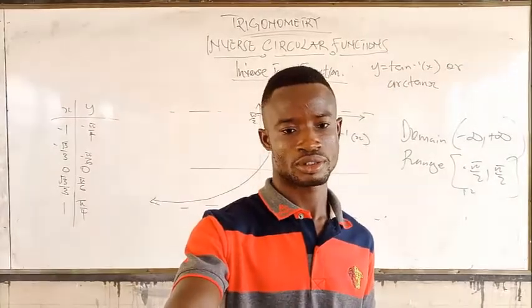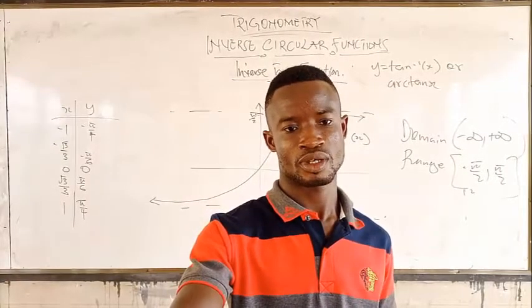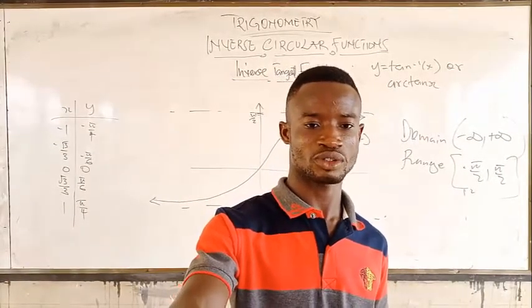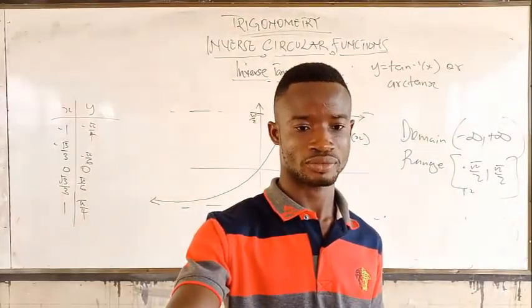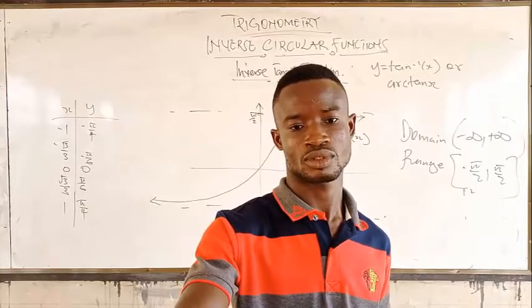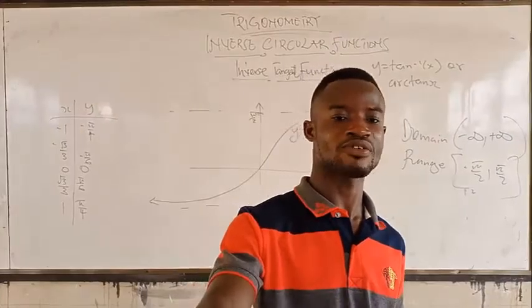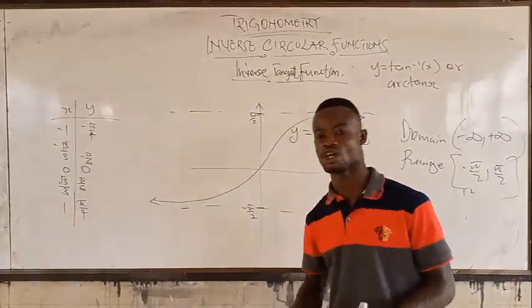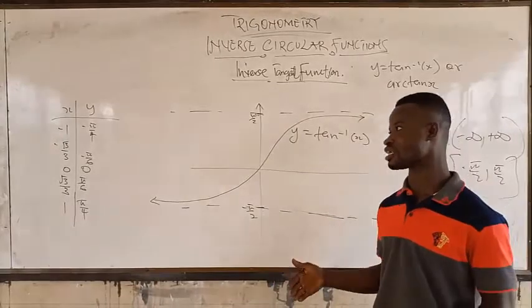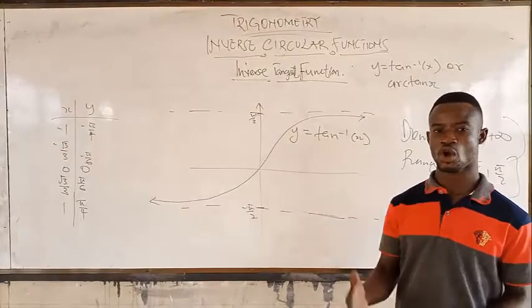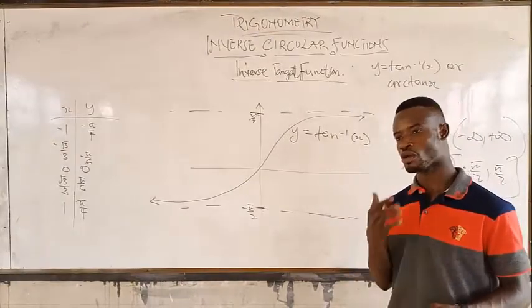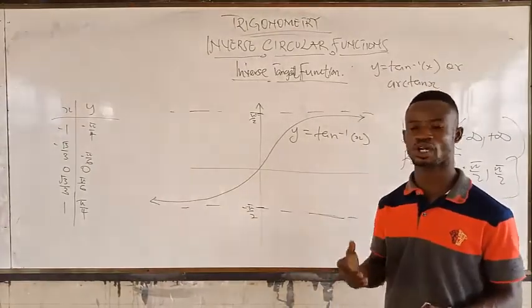Now, before we go to the values, let's take that to the values. Let's look at the remaining inverse circular functions. For the remaining inverse circular functions, that is the reciprocals: for sine, the reciprocal for cos, the reciprocal of tan.